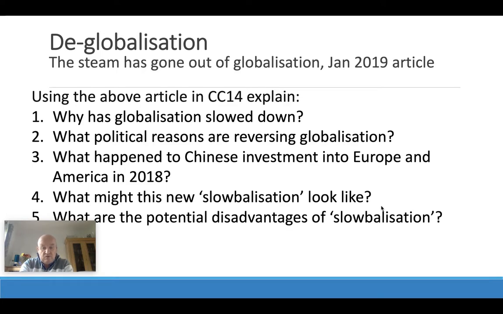Like we said before, it depends on the evidence that you bring to bear. Whether you choose globalization is a good thing or a bad thing, make sure the evidence you are using is more powerful for whichever judgment you come up with.